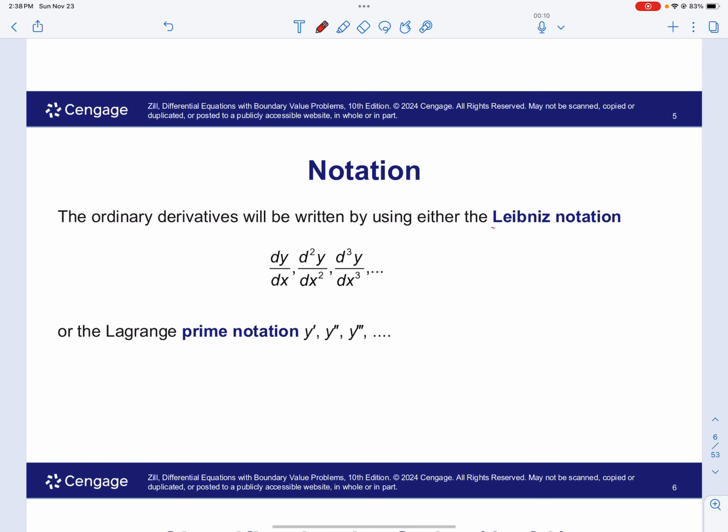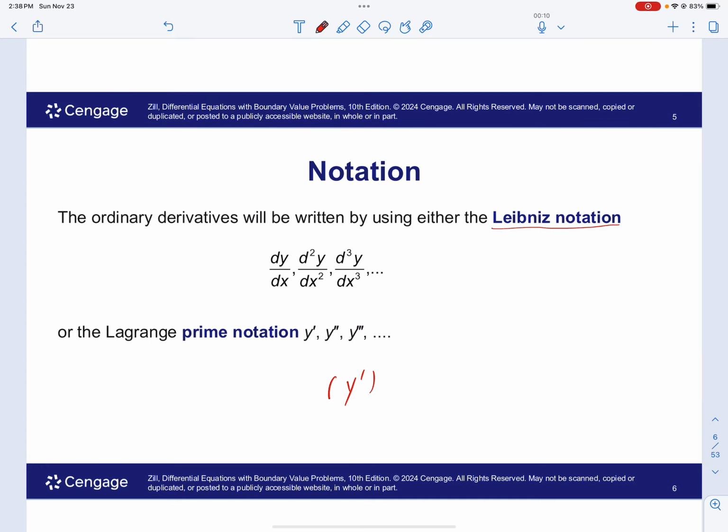Okay, and the notation. There are two notations we learned in calculus 1, the Leibniz notation and the prime notation, which are exactly the same. So dy dx we can sometimes write as y prime, the second derivative as y double prime, the third derivative as y triple prime. Is y prime squared equal to y double prime?